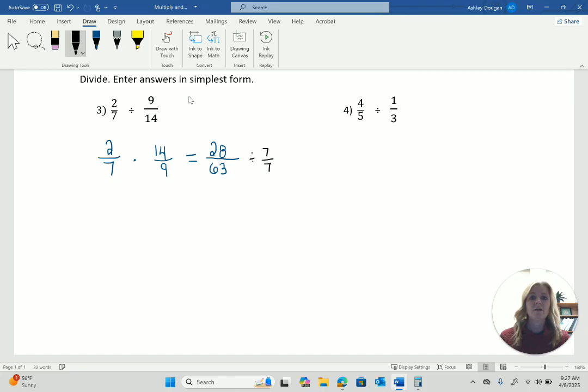I'm going to divide the top and the bottom by 7. And I would get 4 over 9. And then those don't have any factors in common. There's no number that divides evenly into both of those. So I know my answer is 4 over 9.